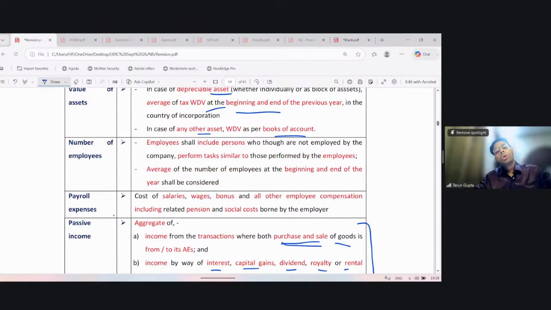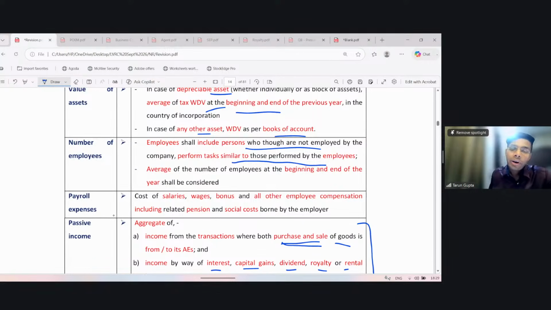Employees. The third condition was the employees situated in India or resident in India should be less than 50% of total employees. So it says that employees shall include, not only the formal employees, but also the persons who, though not formally employed by the company, perform tasks similar to those performed by the employees of the company.